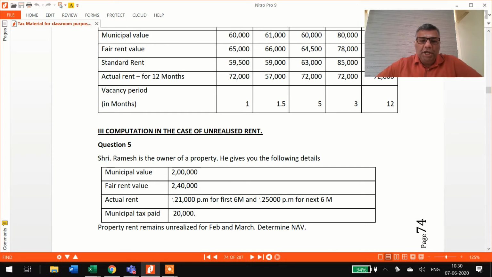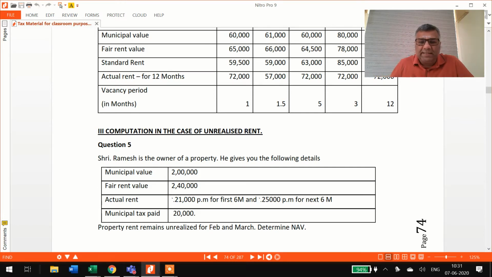Shri Ramesh is the owner of a property and gives you the following particulars: MV, FRV, AR 21,000 into 6 plus 25,000 into 6. May I know the amount? 21,000 into 6 plus 25,000 into 6 is 2,76,000.